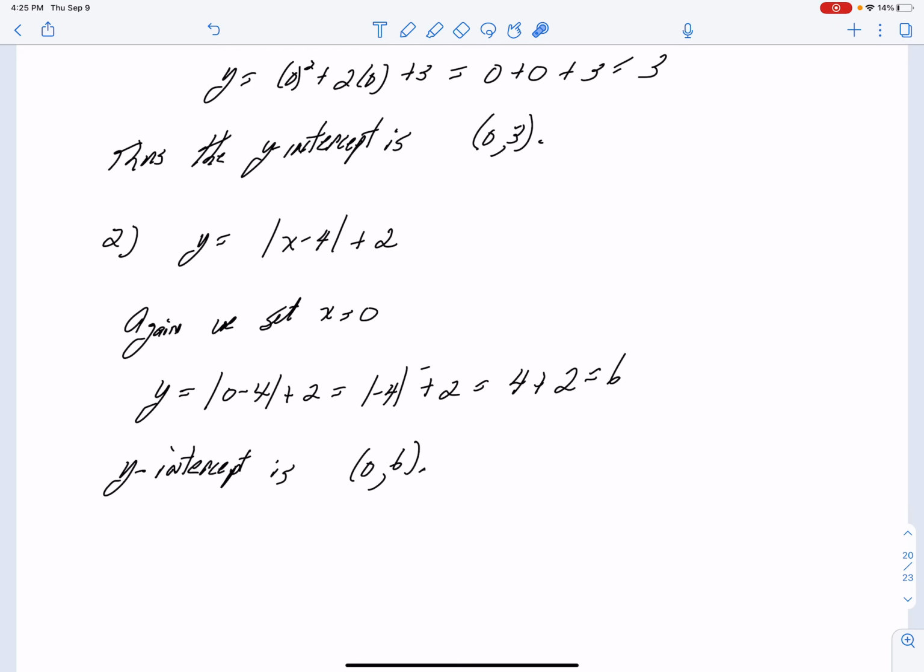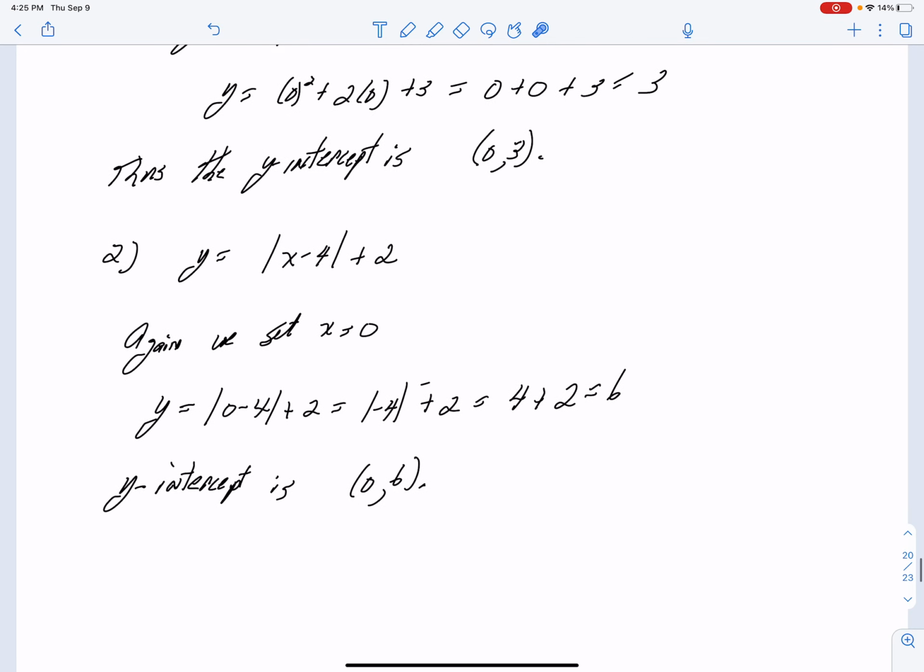Let's find the y-intercept again for this function: y equals the absolute value of x minus 4, plus 2. We set x equals 0.